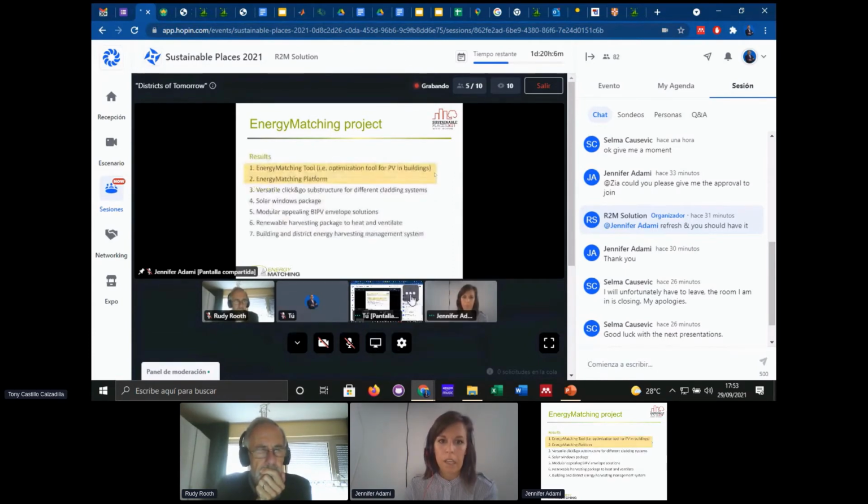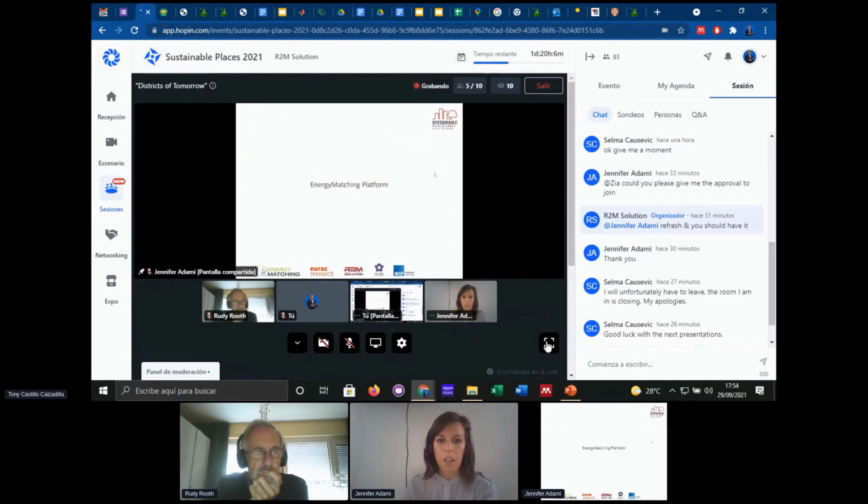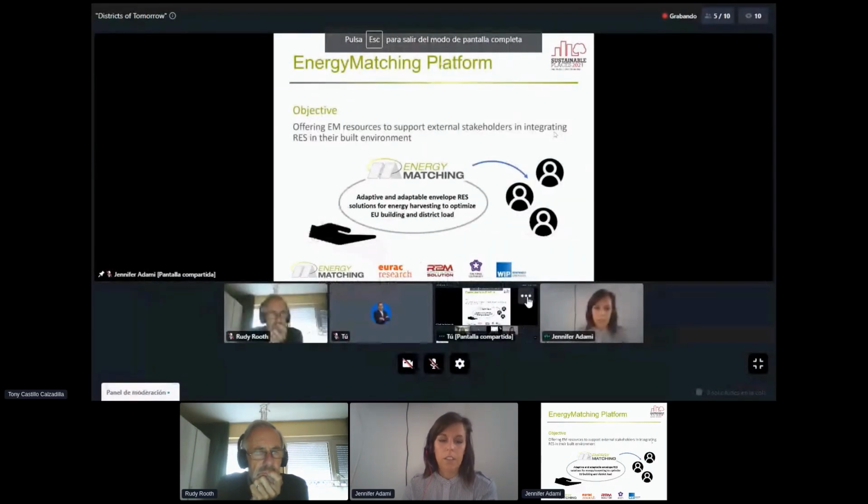Among the several results of this project, the first two are the energy matching tool, which is an optimization tool for PV in buildings, and the energy matching platform, which is the focus of this presentation. The objective, in turn, is to offer the energy matching resources to support external stakeholders in integrating renewable energy sources in their built environment.